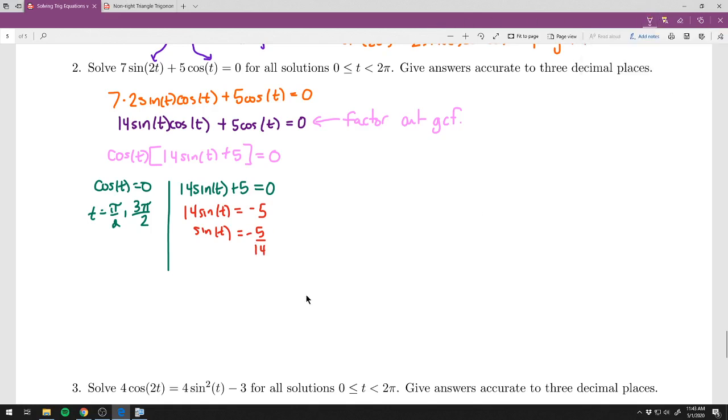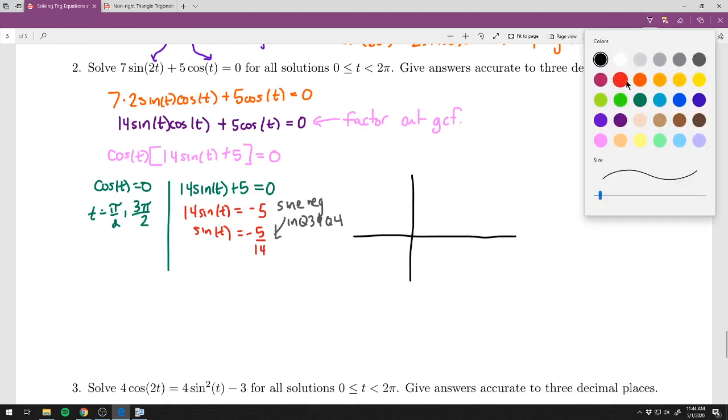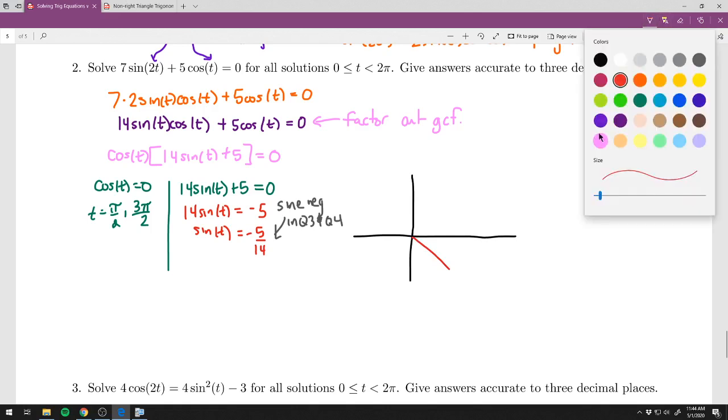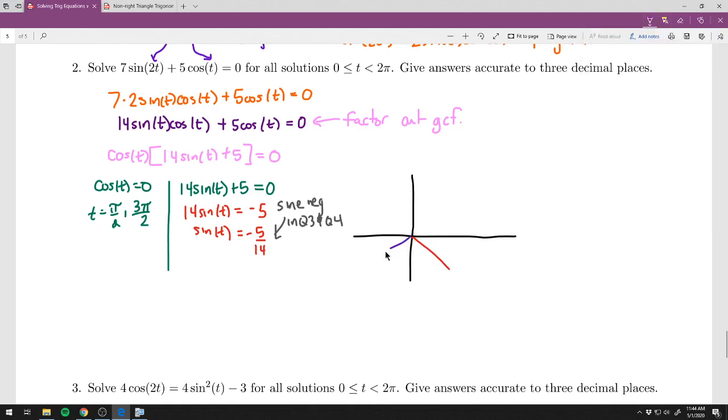And now it's really up to you what order you go through. This is where I've been making the picture with the quadrants. Sine is negative in quadrants 3 and 4. So if we draw our picture and draw on some sample angles just like that, we'll have an angle in quadrant 4, and we'll have an angle in quadrant 3.